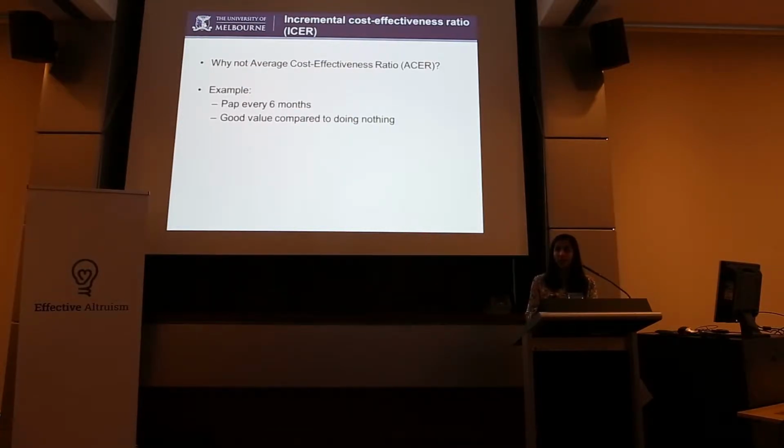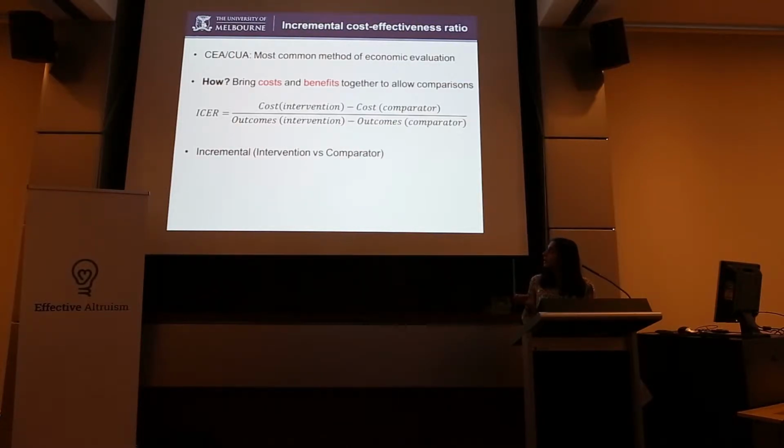You're preventing a lot of cancer 20 to 30 years down the road, which has a lot of costs and, obviously, detrimental health outcomes. But when you compare it to doing a yearly pap or doing one every 2 years, for instance, there's actually very little additional benefit. And so you need to think about the appropriate comparator when assessing the value of an intervention.